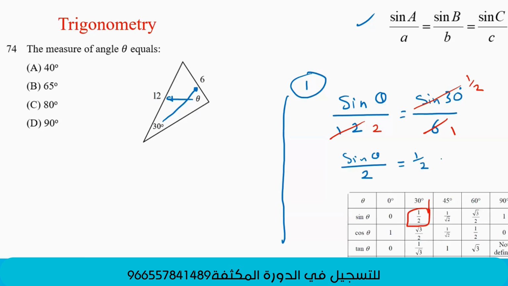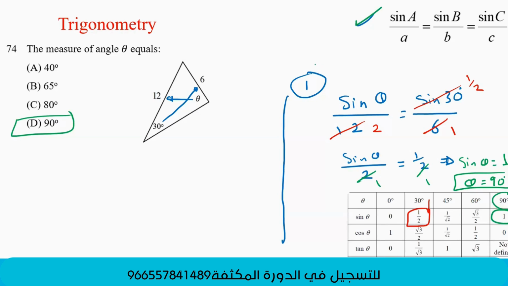When you cross multiply, or simplify first, you don't have to cross multiply. So you simplify, this is 1, this is 1, you end up with sine theta, which is 1, isn't it? The sine gives me 1 when the angle is 90. So theta is 90. So the answer is D. So this is one way, using this formula.